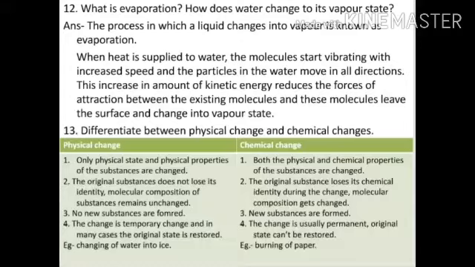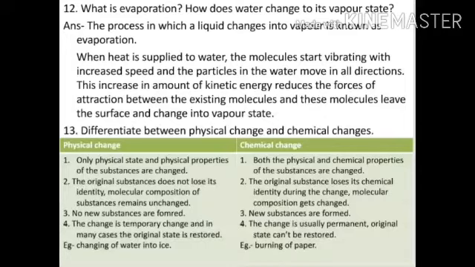This increase in kinetic energy reduces the force of attraction between the molecules, and these molecules leave the surface and change into vapor state.